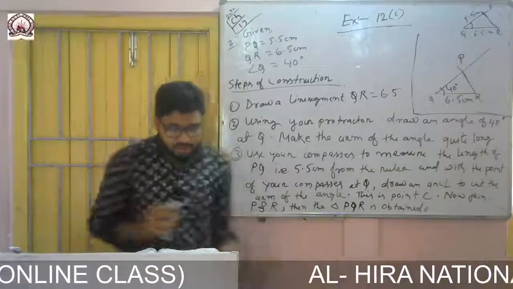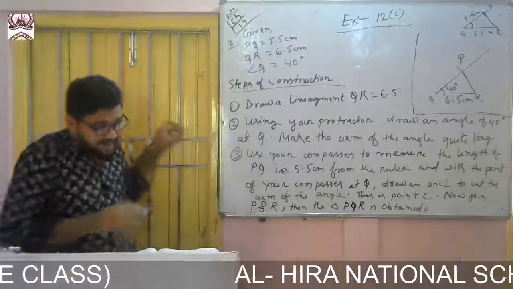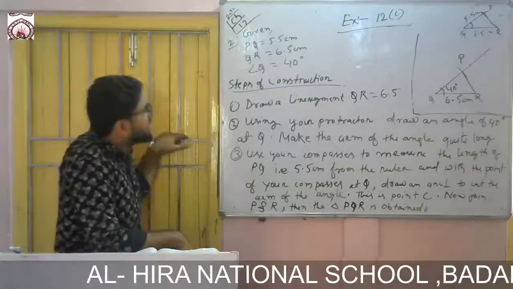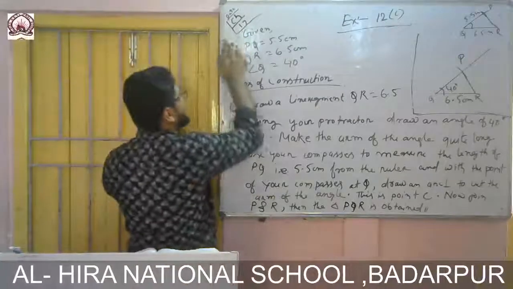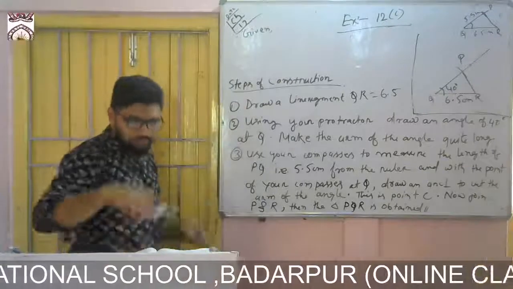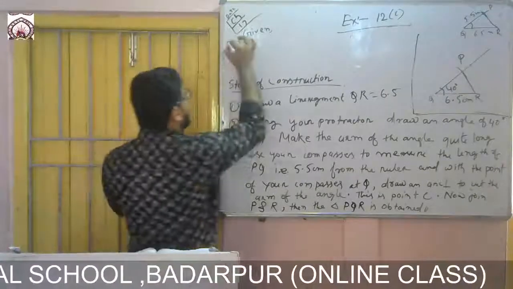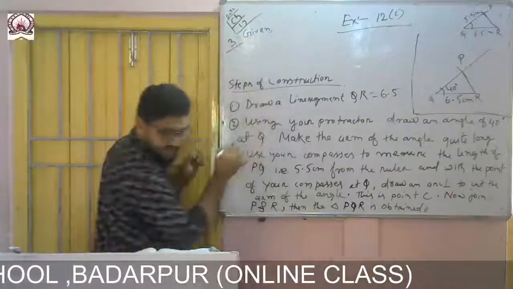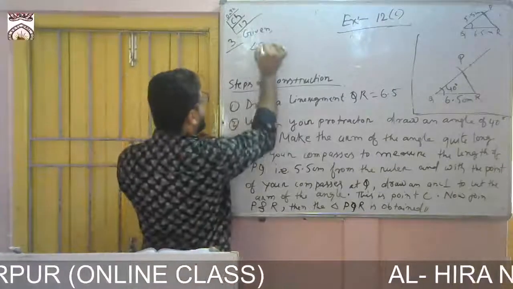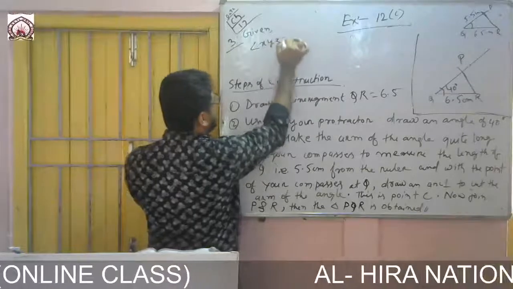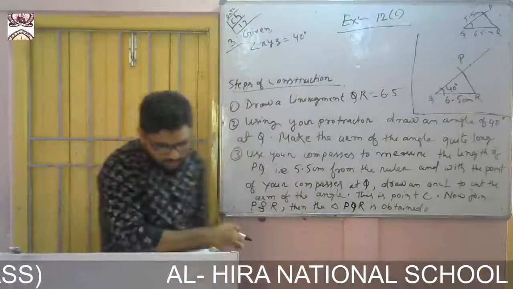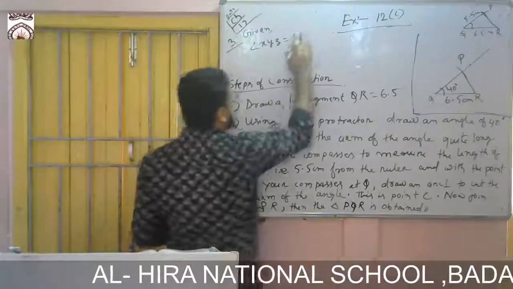So in question number 3, what is given? Angle XYZ equals 70 degree.